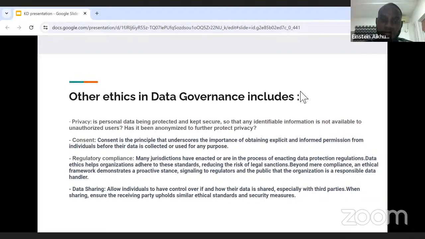Many jurisdictions have enacted, or are in the process of enacting, data protection regulations. Data ethics helps organizations adhere to these standards, reducing the risks of legal sanctions. Beyond mere compliance, an ethical framework demonstrates a proactive stance, signaling to regulators and the public that the organization is a responsible data handler, just like what I said earlier about Facebook.